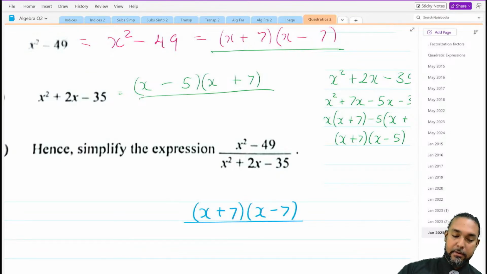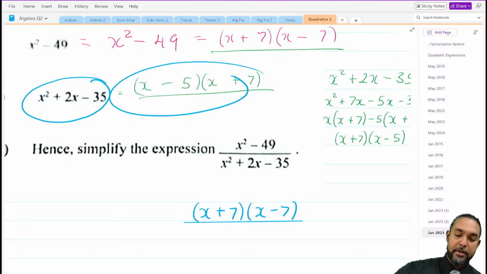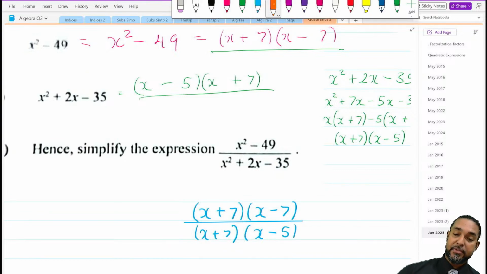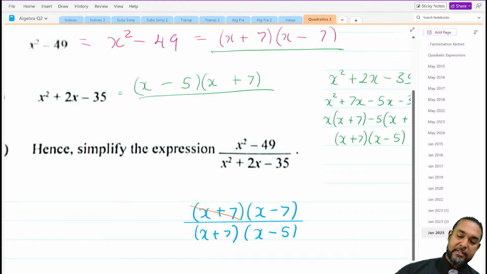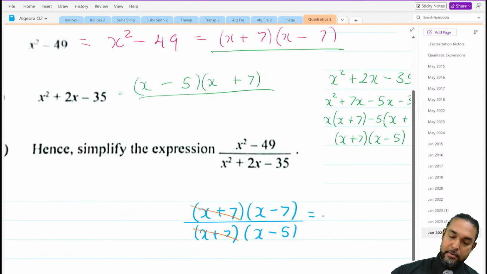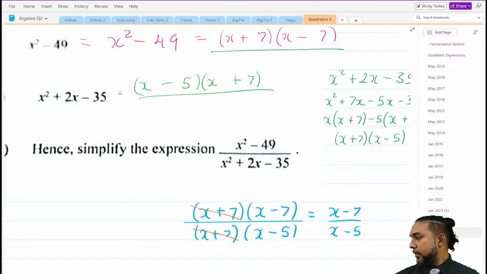And then the quadratic could be factored in the green. So you can put the x plus 7 first and the x minus 5 second, or vice versa, doesn't matter. But when we do this, what we're supposed to see is that this could cancel with that, leaving us with x minus 7 over x minus 5. And that's the simplified version there.